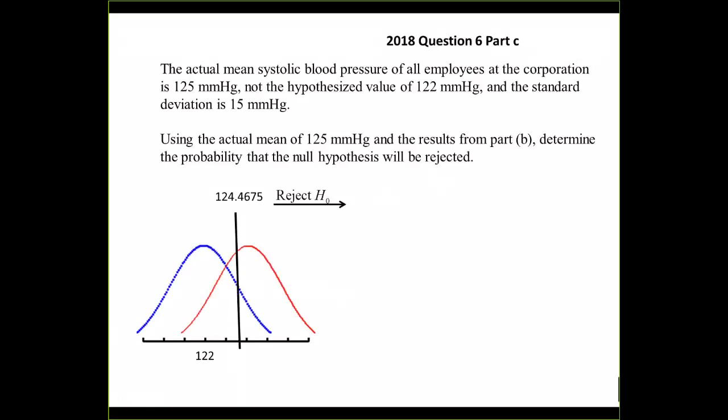And we're interested now in the probability that we would have a sample mean that's greater than 124.4675, based on the fact that the mean of the population of employees at the company is 125. So we're looking for this area. Again, the mean of the red distribution is 125.